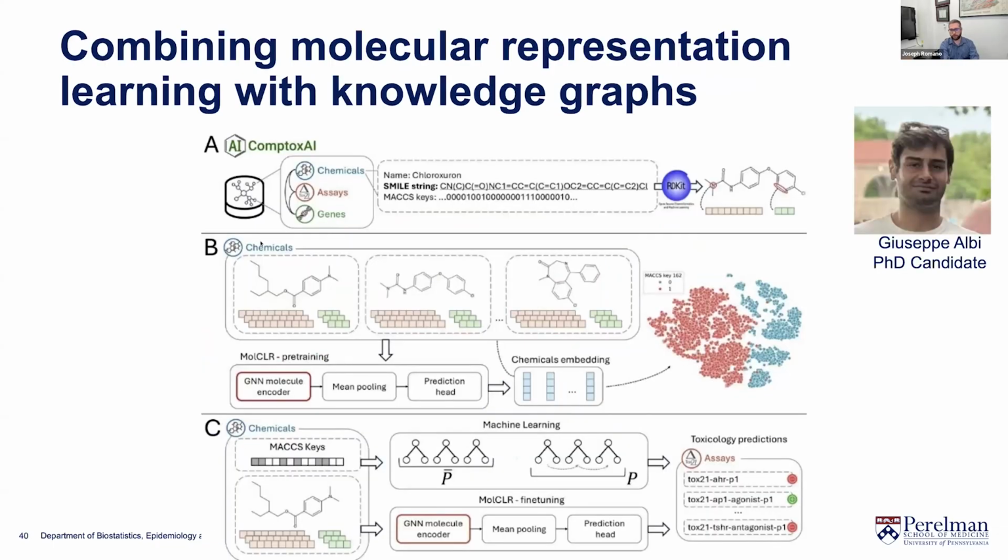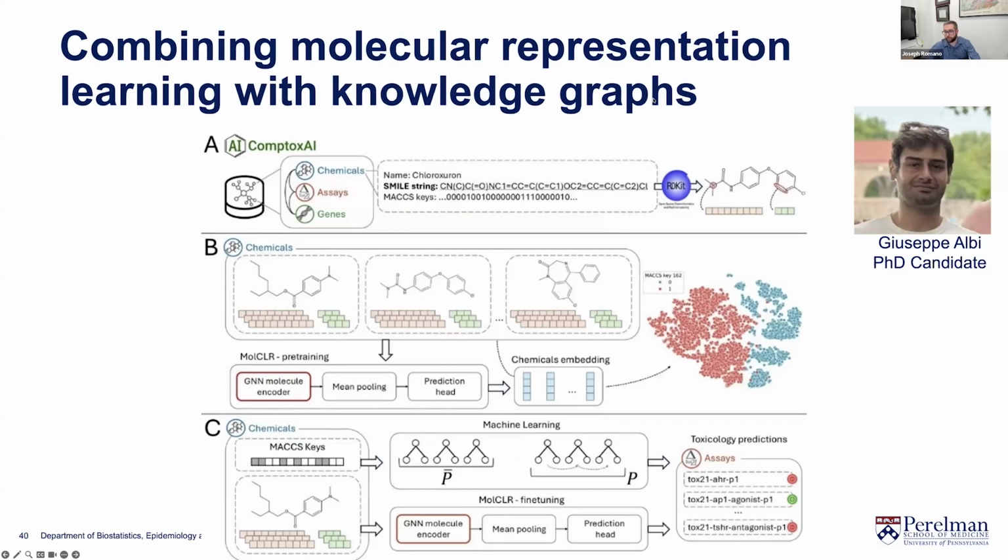Also, from a more advanced AI standpoint, we can start actually piping the actual structure of specific molecules into the ComptoxAI model. And this is work done by a PhD candidate, or actually he just received his PhD. He just defended successfully.